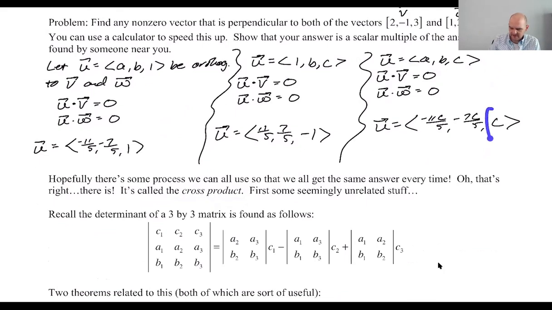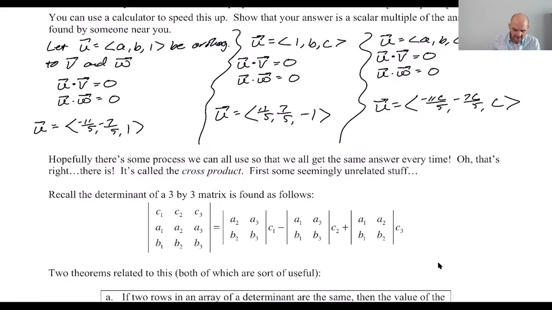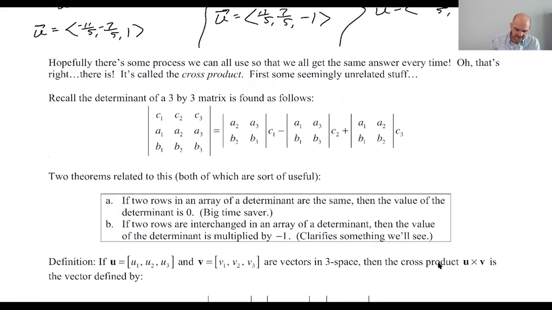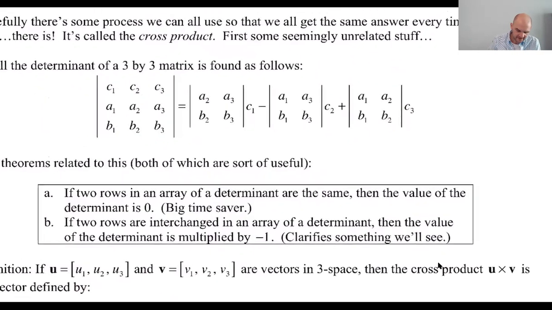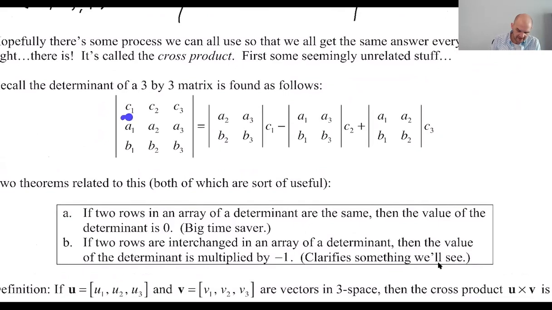Basically, you're letting c equal 5. And how do you know to do that? Well, the process is related to the determinant of a 3x3 matrix, which is the convenient way of remembering this. So if we have a 3x3 matrix, I put row C here because this is going to become something later.